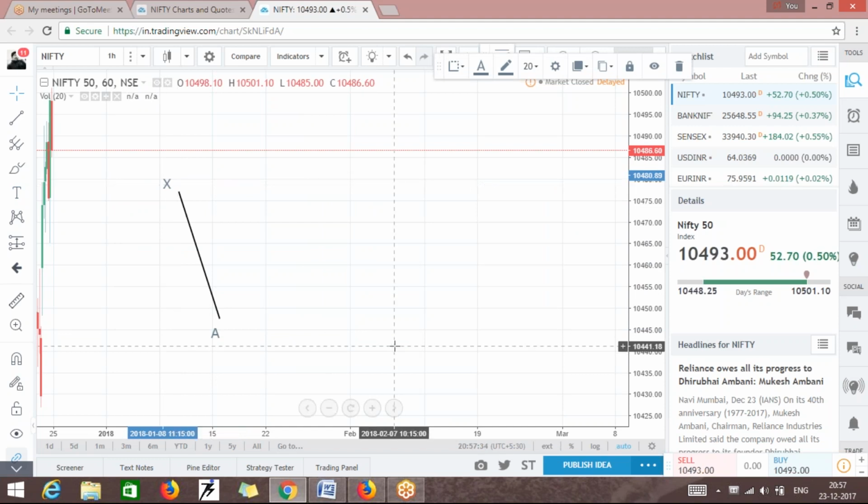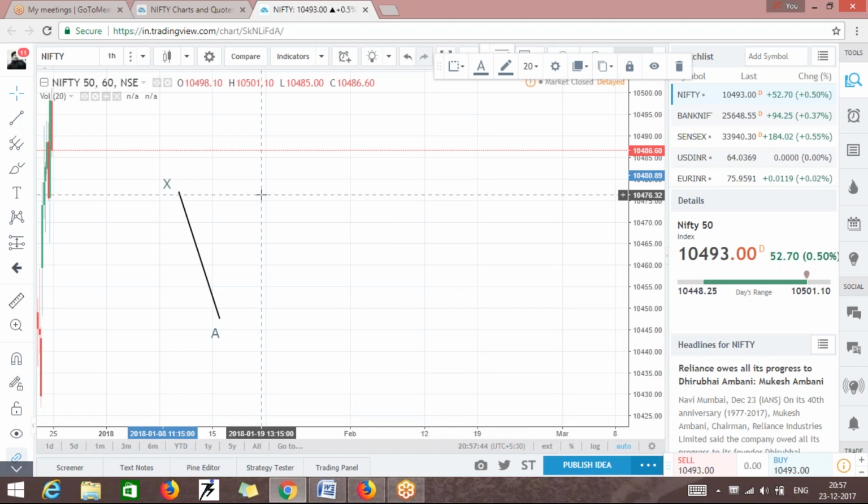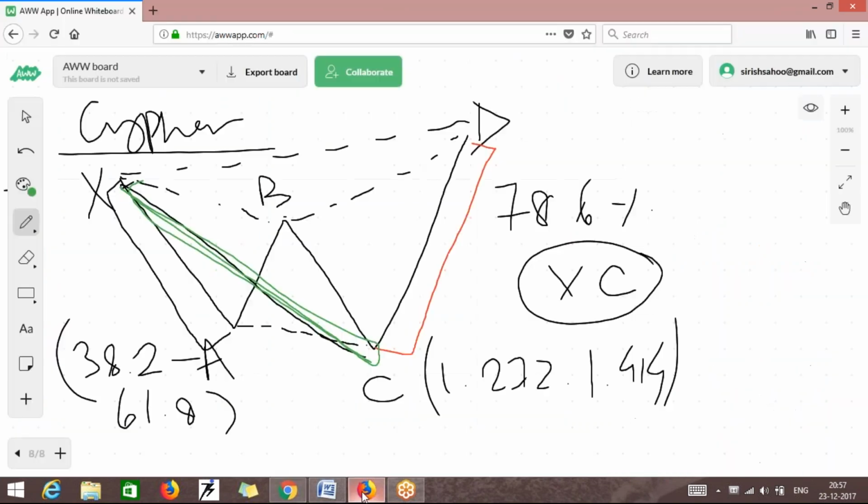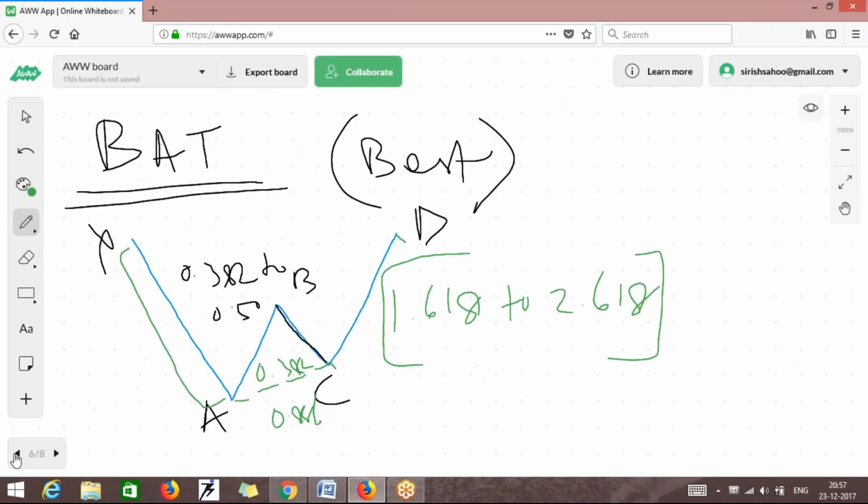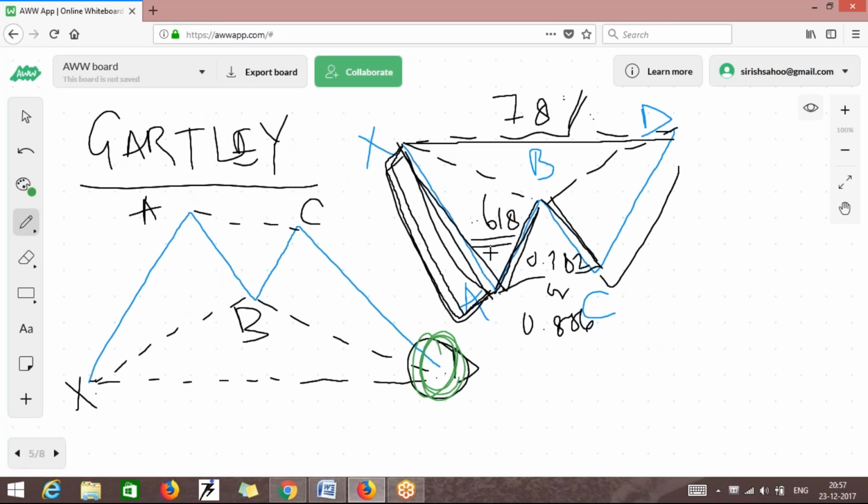So what we have discussed is that we are seeing a pattern. Okay, let's see a Gartley. For the Gartley, let's come to the criteria. The first is the 0.618 Fibonacci retracement.